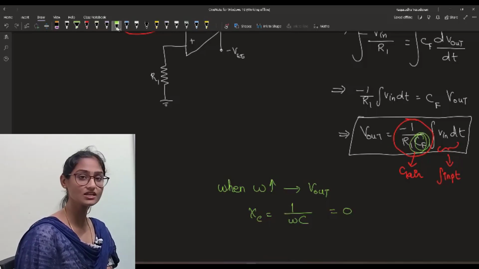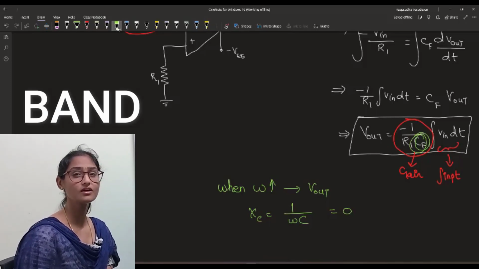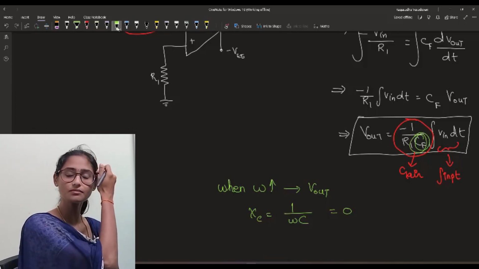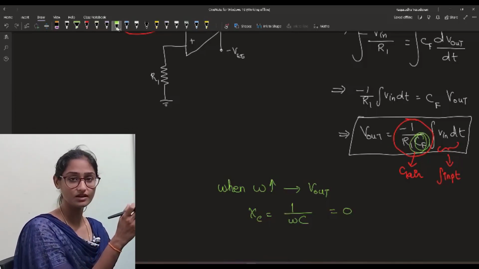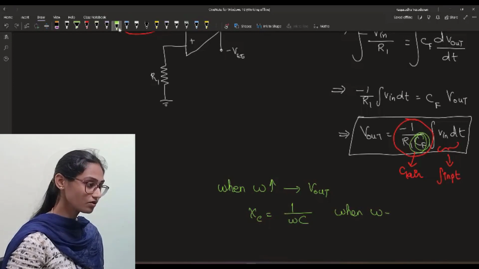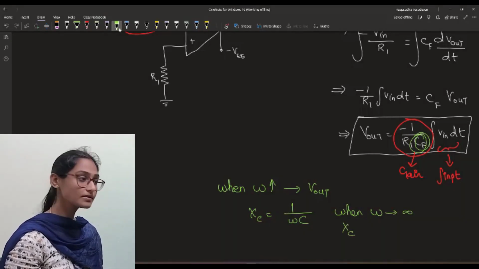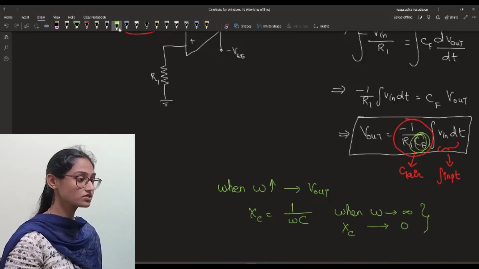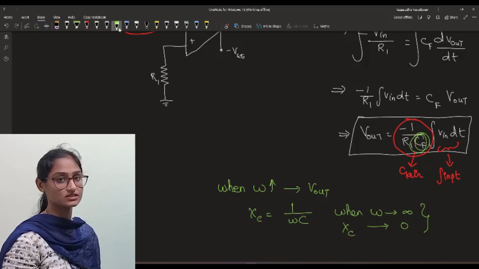So this integrator is operable only in a band of frequencies. When the frequency approaches infinity, the capacitive reactance approaches 0.